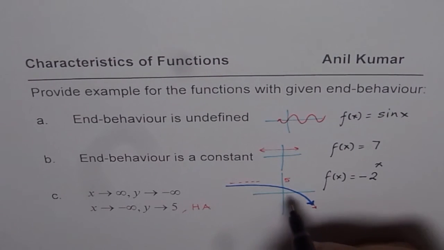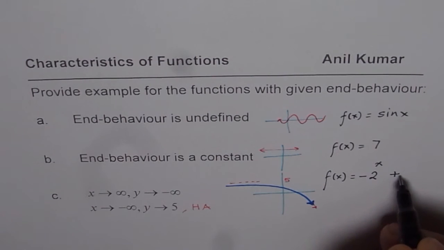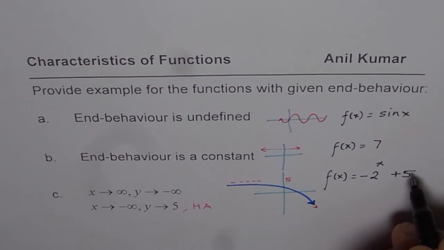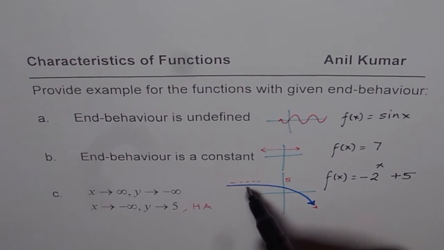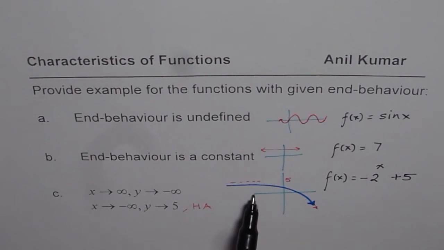And it has been translated 5 units up, so we can say plus 5. Do you see this? So if I say plus 5, in that case we know it has been reflected and it has moved 5 units up. Therefore the horizontal asymptote is not at 0, but it is at 5.